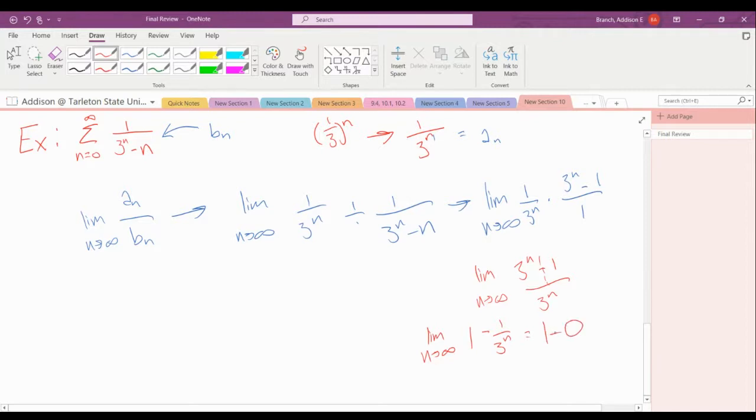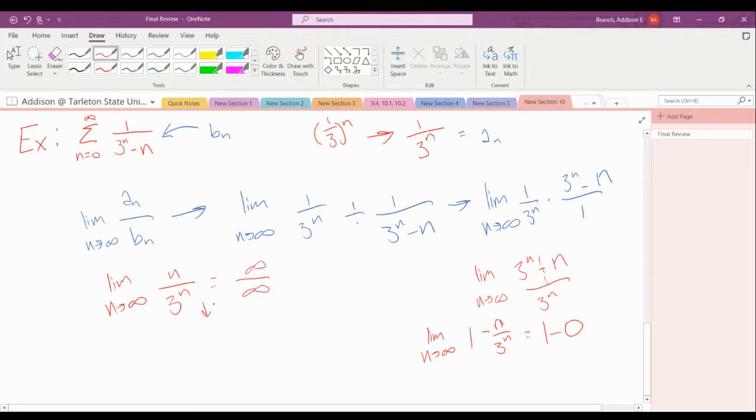Oh wait, I just realized, did I miswrite this? Okay, I did miswrite this. That's an n, that's an n. So we know that's still going to be 1. However, our limit as n approaches infinity of n over 3 to the n is going to get us infinity over infinity.